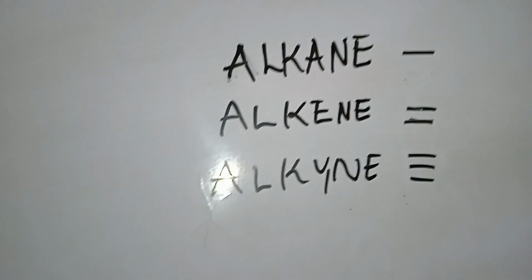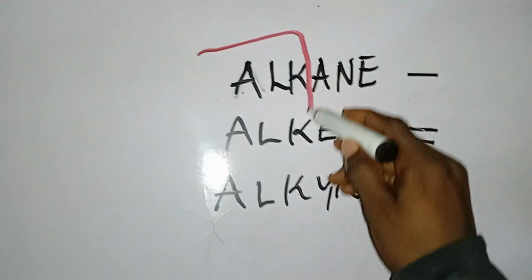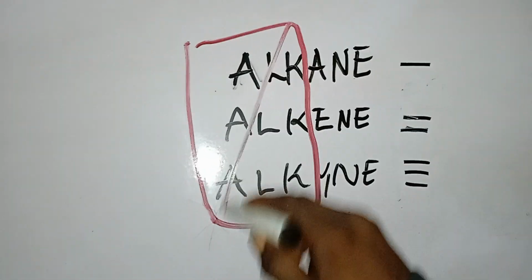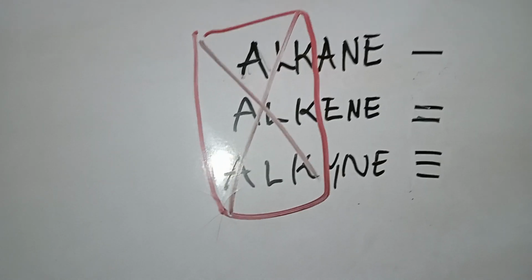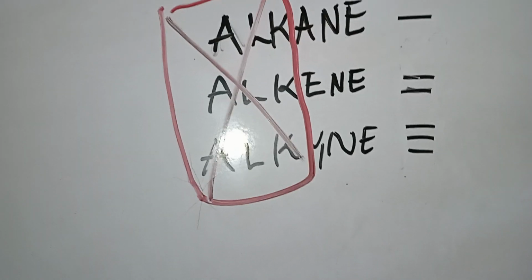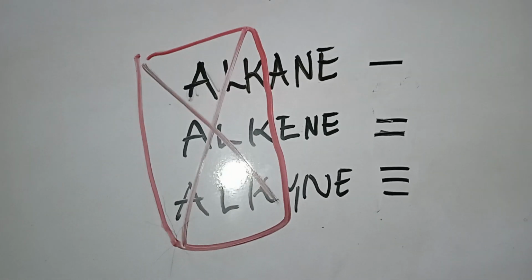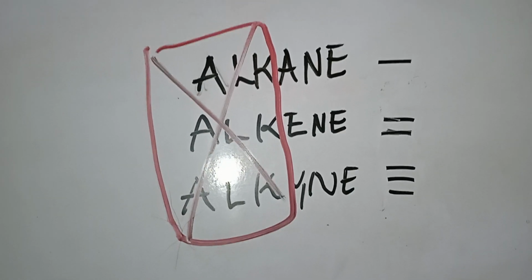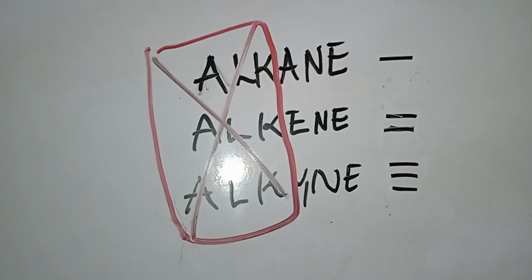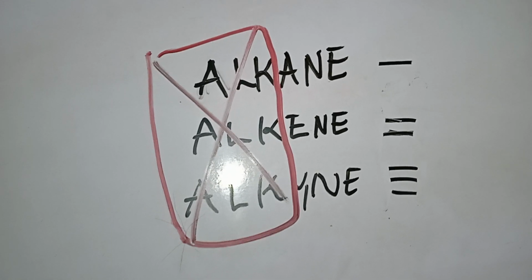You just say who you are looking for. So for that reason, whenever we are doing this, everything that has to do with the "ane", we don't mention it. Once you know the compound is having single bond, you just call it that. If you know the compound is having double bond, you call it that. If you know the compound is having triple bond, you just call it that. The "ane" disappears.